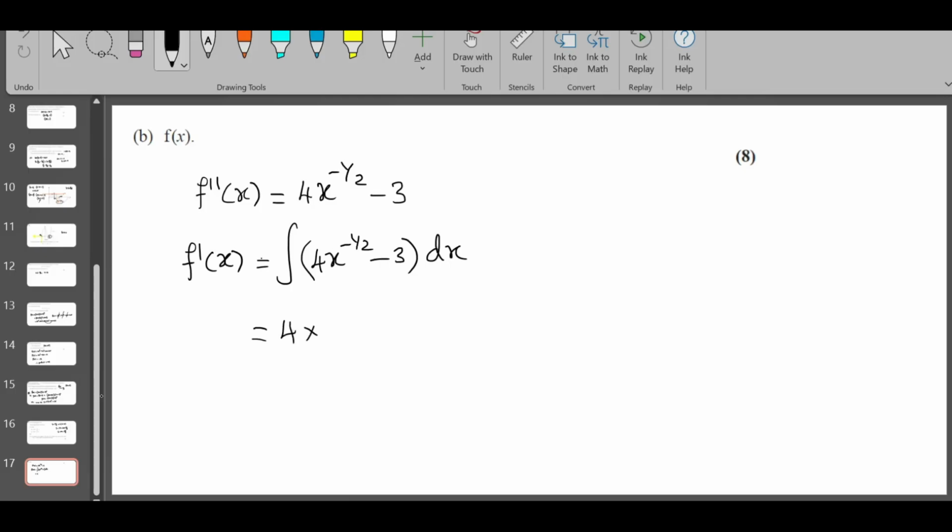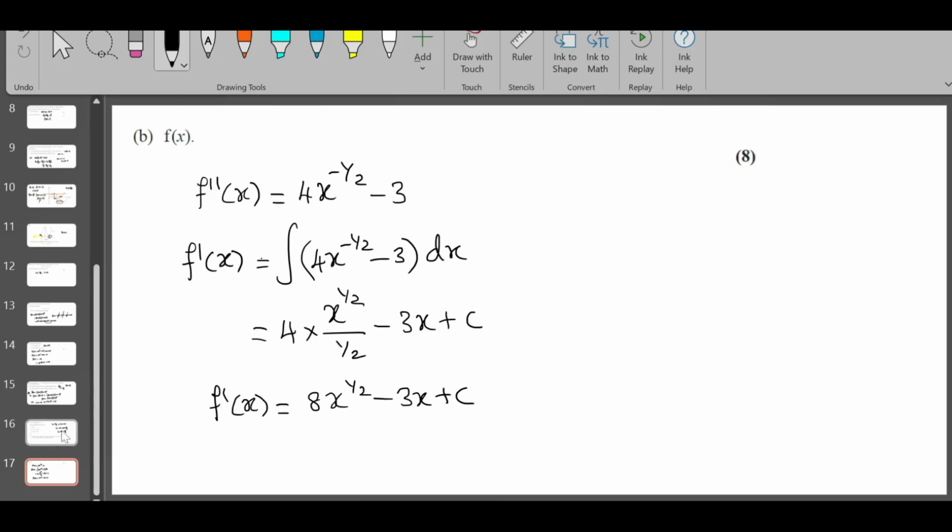So it's 4x power half over half minus 3x plus c. So f dash of x is 8x power half minus 3x plus c. Now we need to find this c and sub in here and integrate again to find f of x.